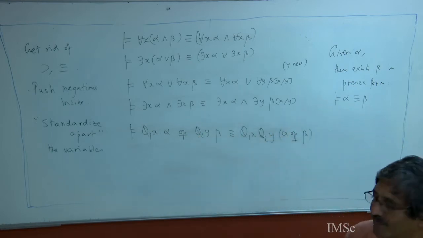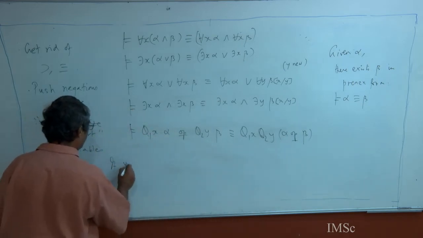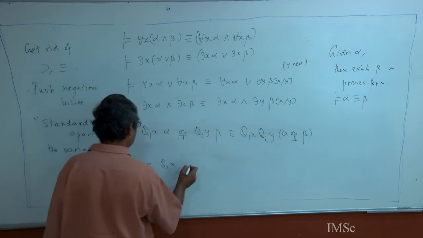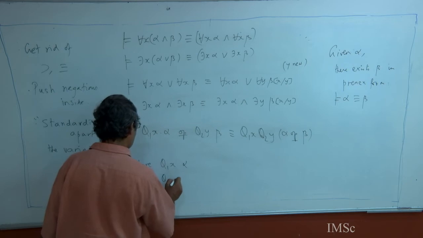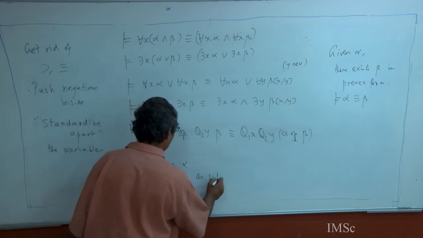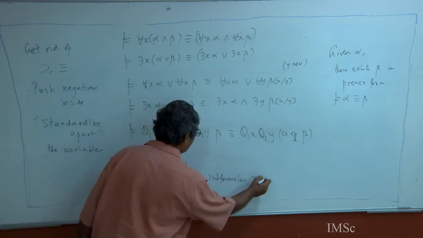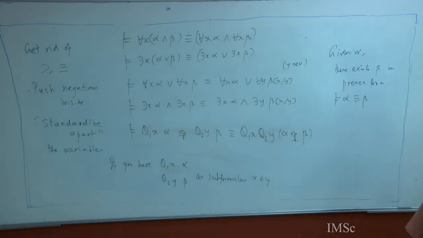What does that mean? If you have subformulas Q1x alpha, Q2y beta as subformulas, x is not equal to y, right?